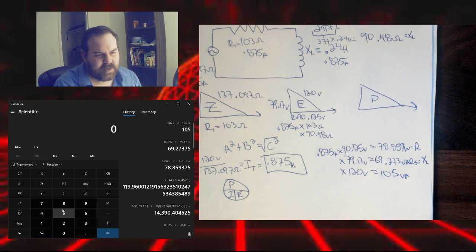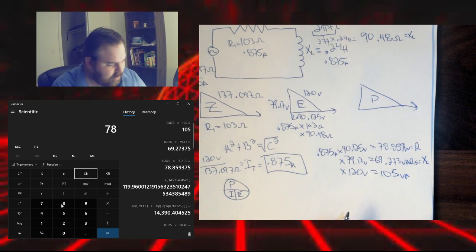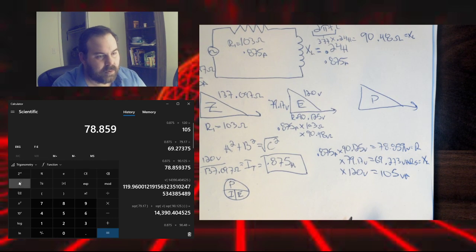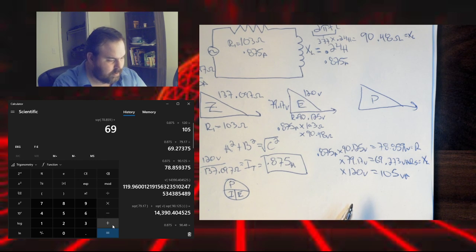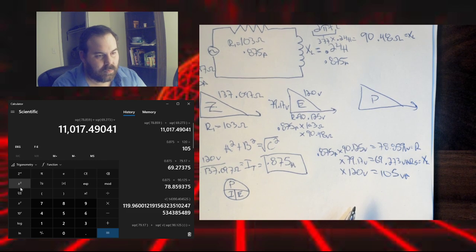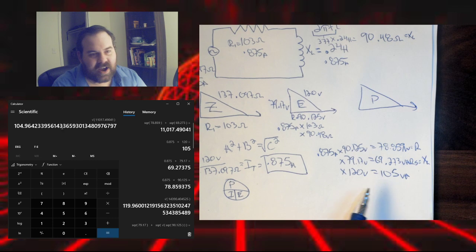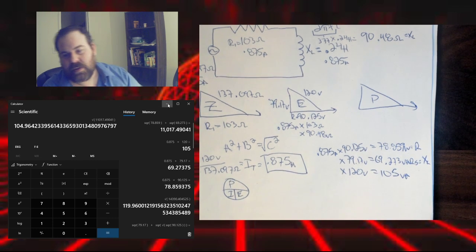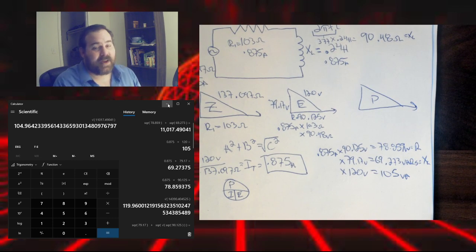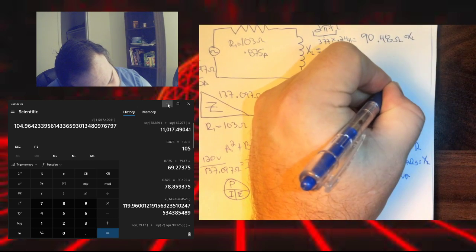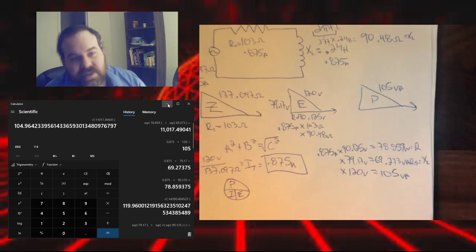Now, of course, I'm going to double check that because I have OCD a little bit. 104.96, 105. I think we can live with that. 50%, plus or minus 25%, math teacher. So 105 volt amps, that's our total.